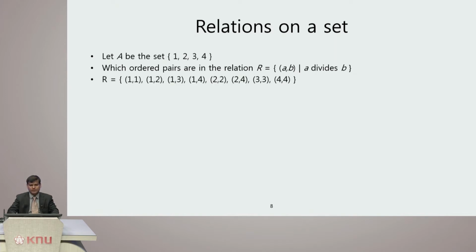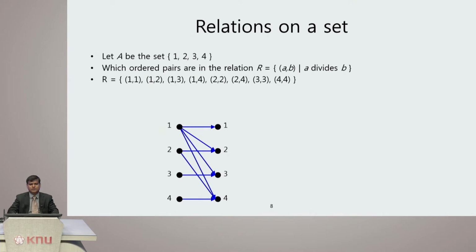So we are developing a relation like (1,1), (1,2), (1,3), (1,4), (2,2), (2,4), (3,3), (4,4). As we develop this relation, we can see that we have developed ordered pairs in which 1 is related to all things, and 2 is related to 2 and 4, because 2 can divide 2 as well as 4.